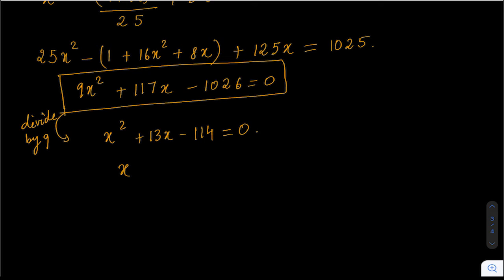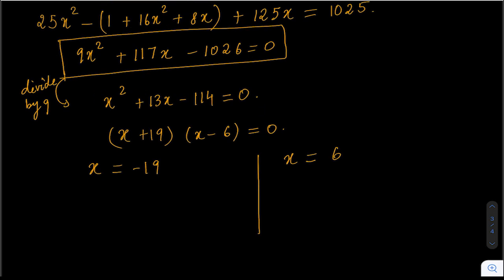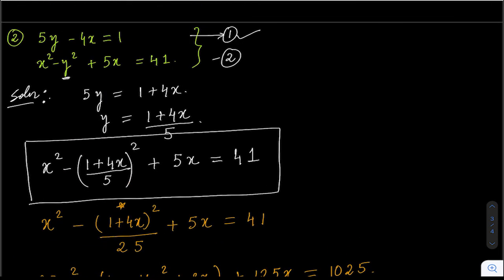So this will be 19 and 6. Okay, so (x plus 19)(x minus 6) equals 0. So from this I am getting x as minus 19 or x is 6. So when x is minus 19, now substitute that in the first equation.